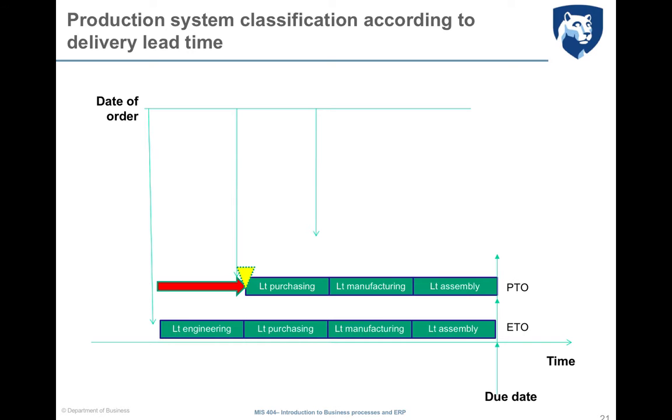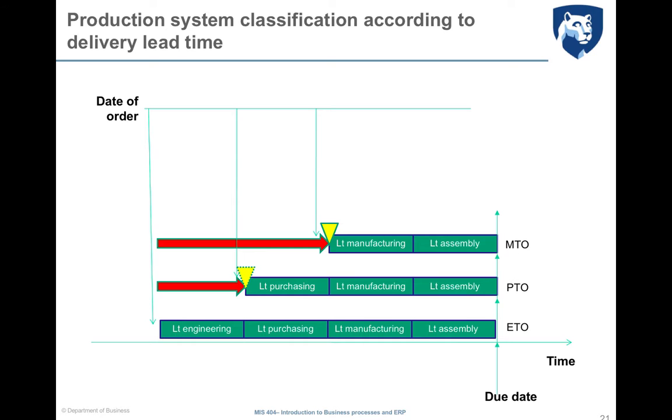So in this case, purchasing is managed on a forecast basis, but all the pure production activities like manufacturing and assembly are executed after the customer order is evident. This realizes what we call a make-to-order system.